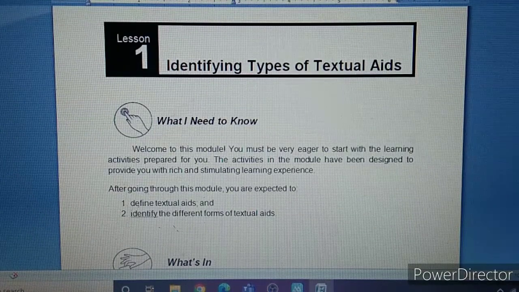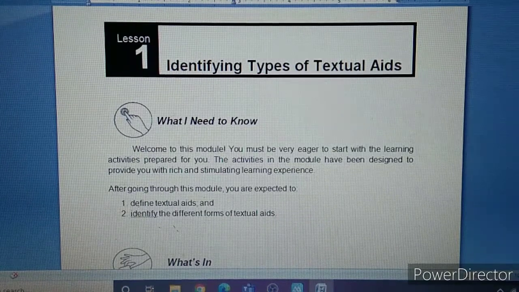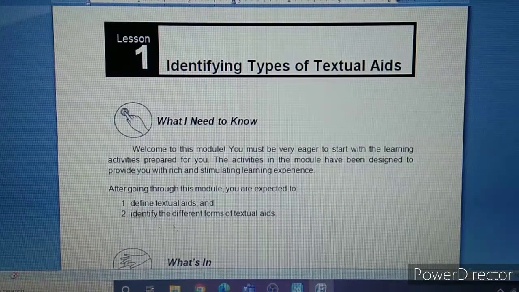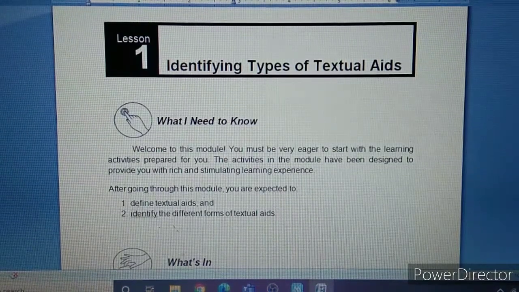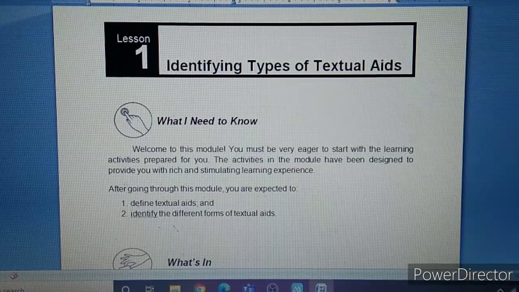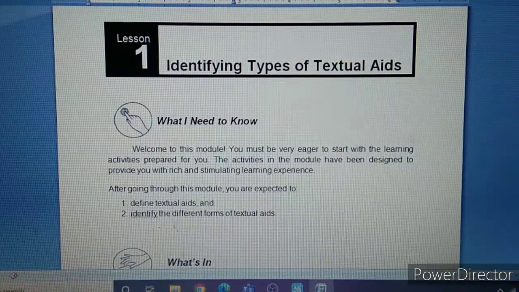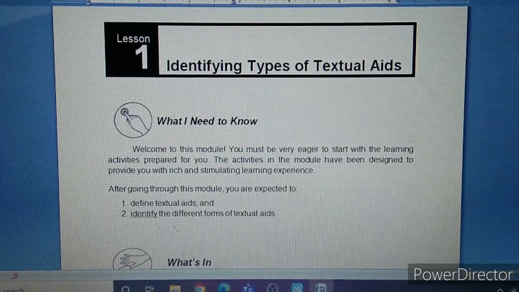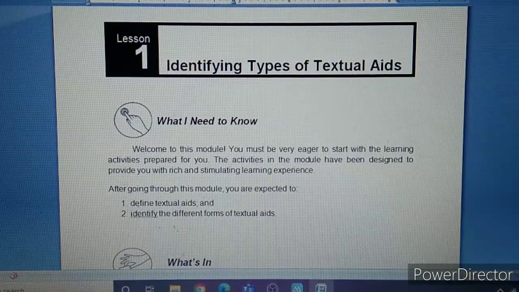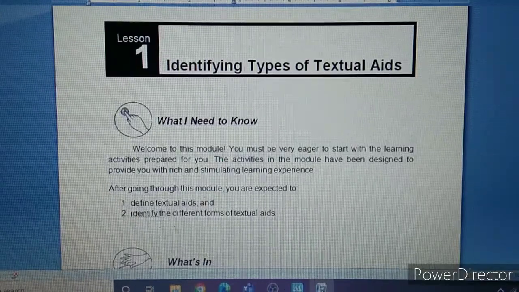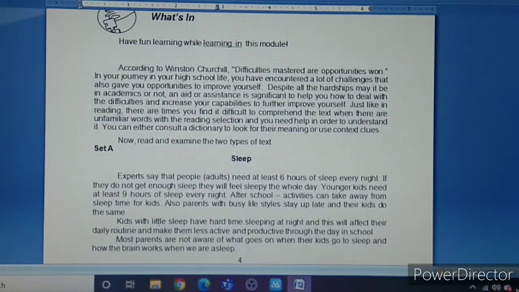The activities in the module have been designed to provide you with a rich and stimulating learning experience. After going through this module, you are expected to define textual aids and identify the different forms of textual aids.